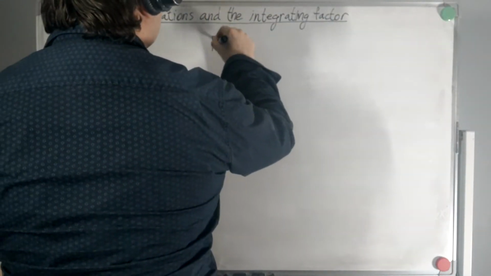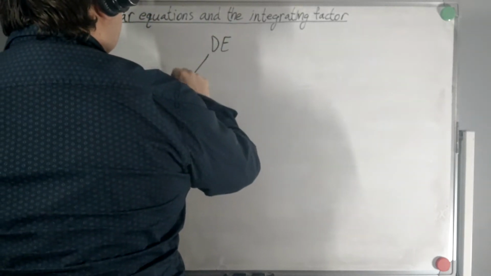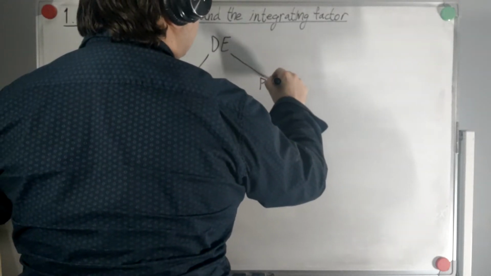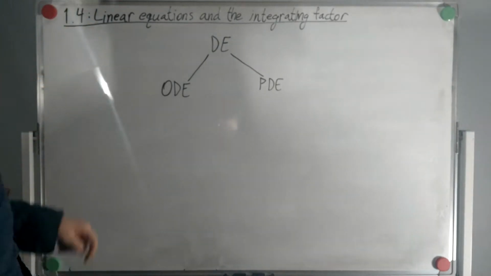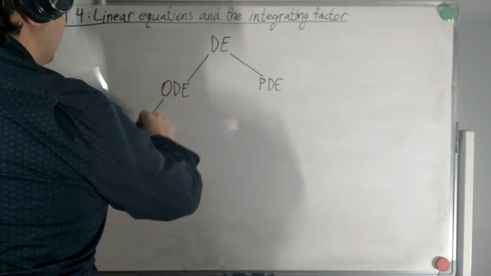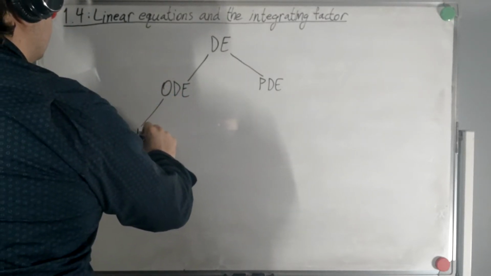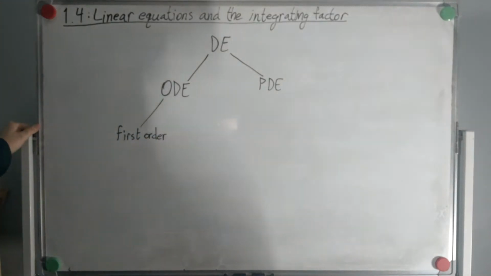So we've got differential equations, and that breaks down into ordinary differential equations and partial differential equations. Ordinary differential equations, for right now we're just working with first order ODEs.